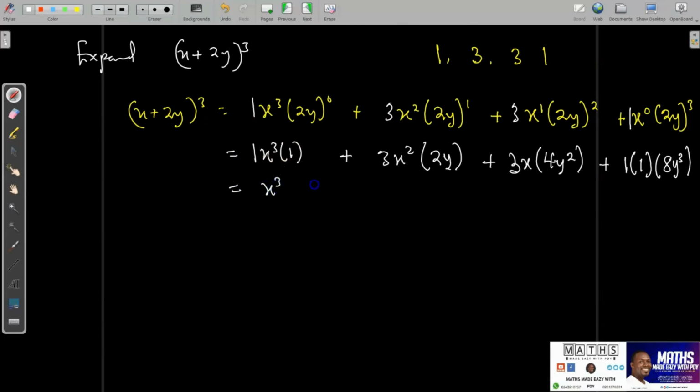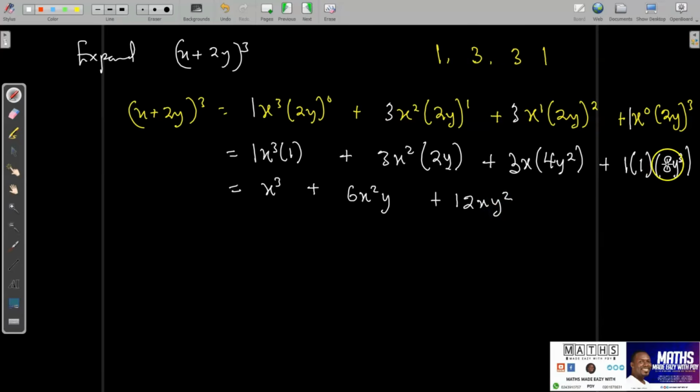So finally, the expansion for x plus 2y all to the power 3 is giving us x cubed plus, you can multiply the coefficients, 6x squared y. Over here, the coefficient can multiply, so that will give us 3 times 4, which is 12xy squared.